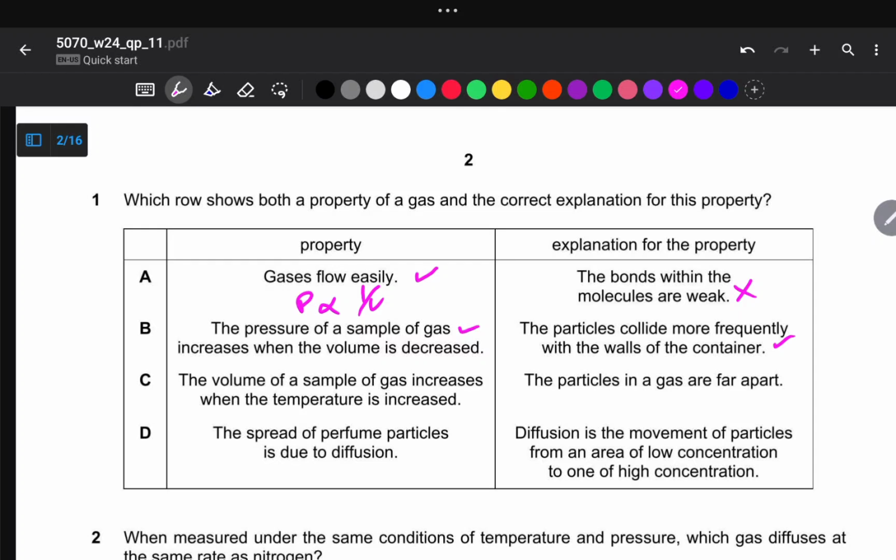We go on to option C. So option C says the volume of a gas sample increases when the temperature increases. So this is true. Volume and temperature are connected by what we call Charles's law. So Charles's law says temperature is directly proportional to volume.